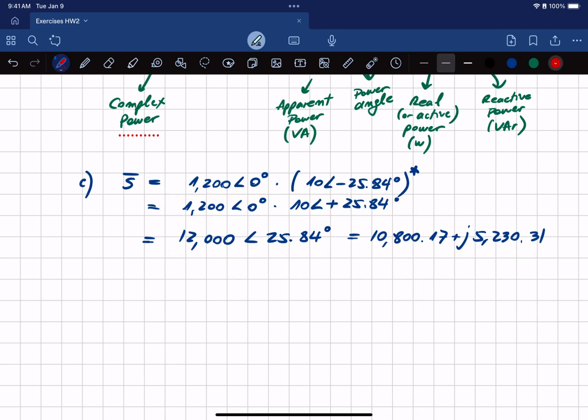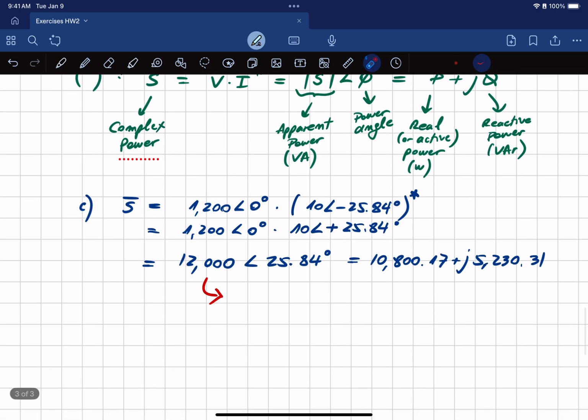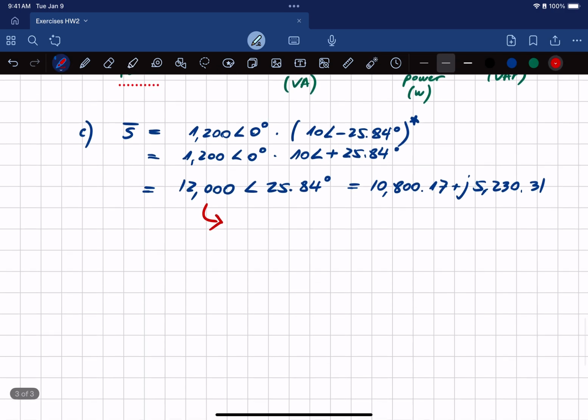Now we're going to answer the question. The apparent power would be the module of the complex power, which in this case is 12 kVA. That's how we answer the question.